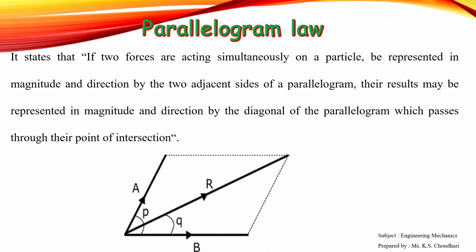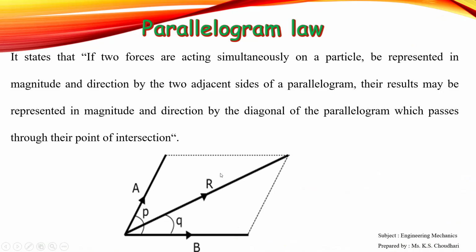Okay, this law is very simple. Look here at what it says. There is a concurrent force system. Force A and force B are there. Okay, this is the concurrent force system. Now, if we extend this line here and this line here, then it becomes a parallelogram.